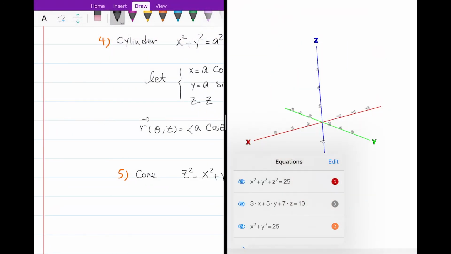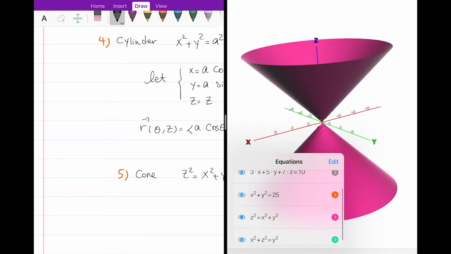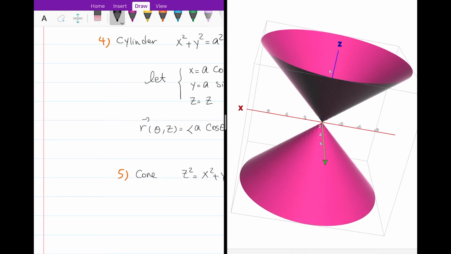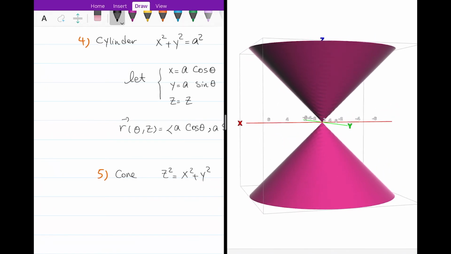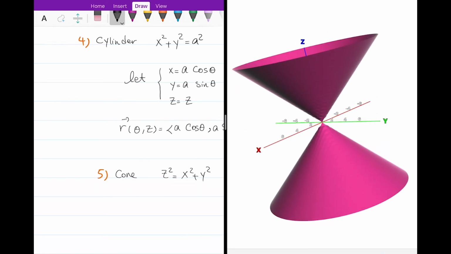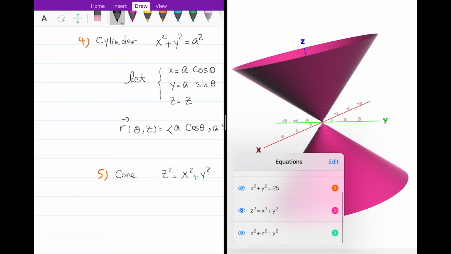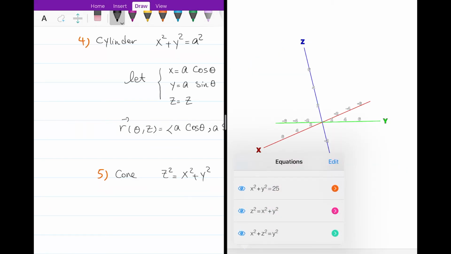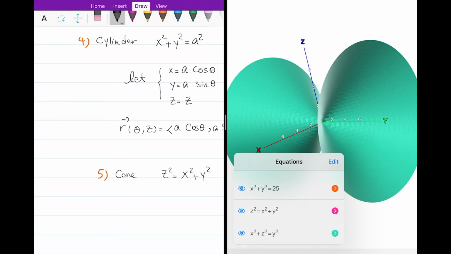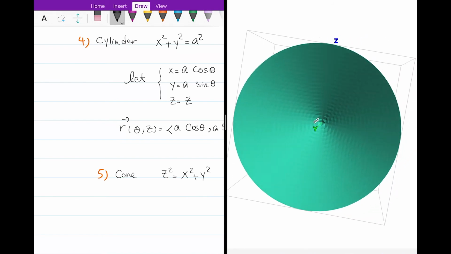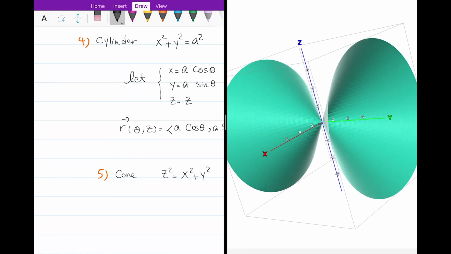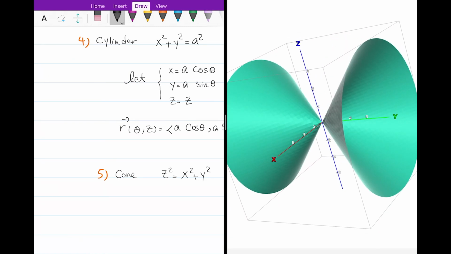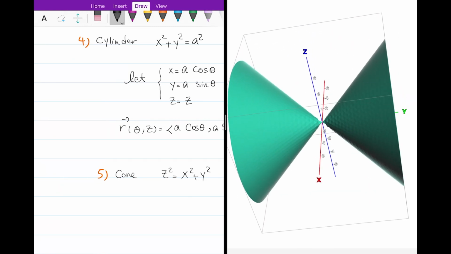That was a cylinder. This is a cone. This is the cone z squared equals x squared plus y squared. Okay, now if I have, for example, x squared plus z squared equals y squared, then the cone lies along y. y is changing, you see?